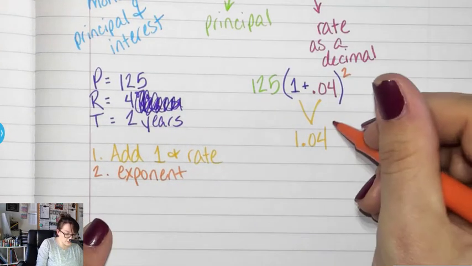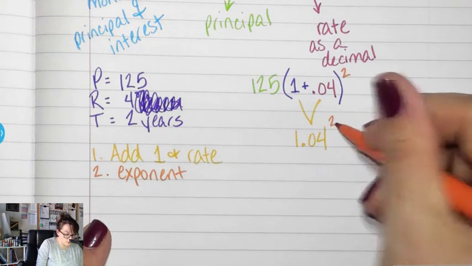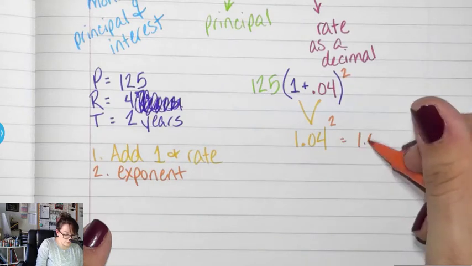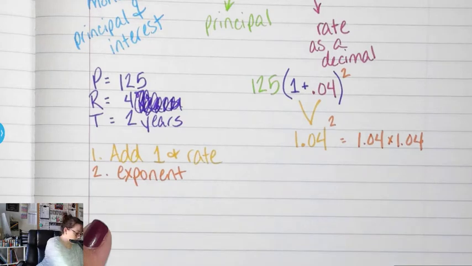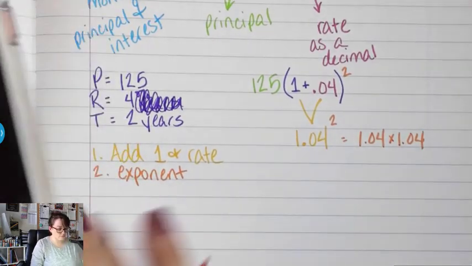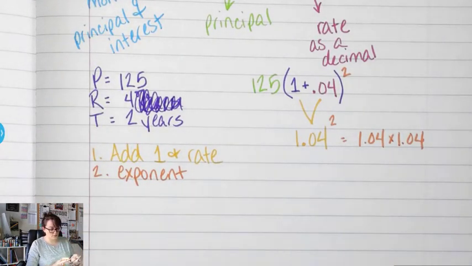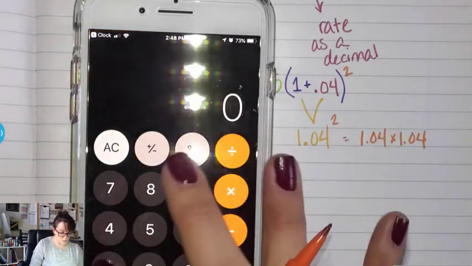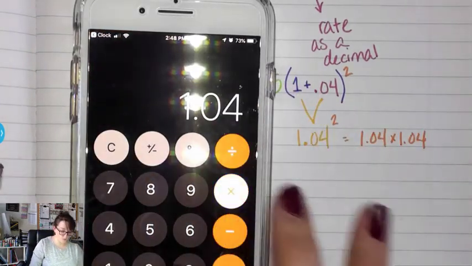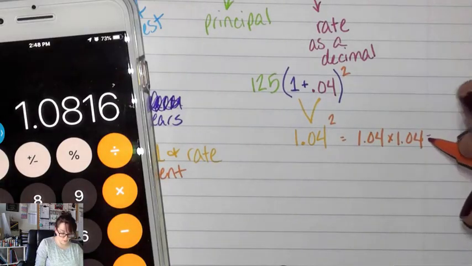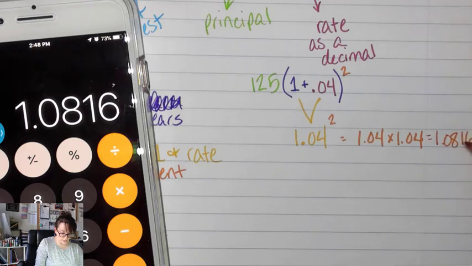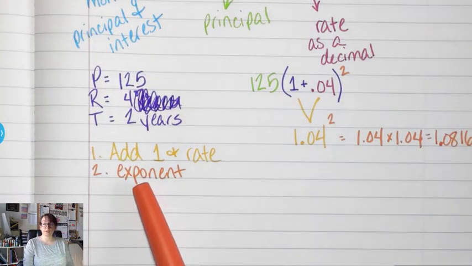So this is squared, which means 1.04 times 1.04, and to save space in our notes, we'll use a calculator. 1.04 times 1.04 is 1.0816. So that's the exponent.